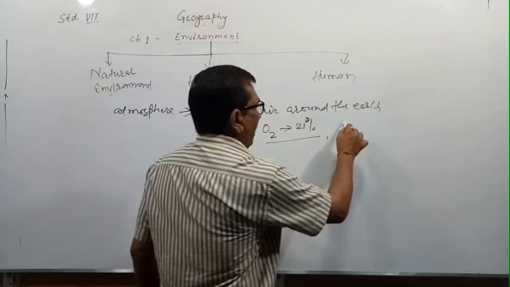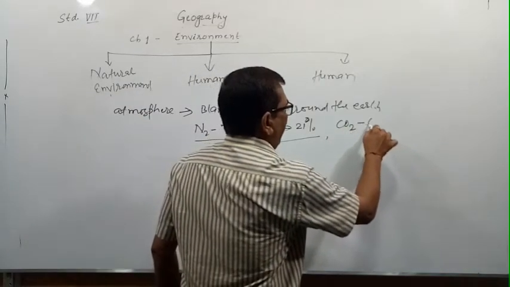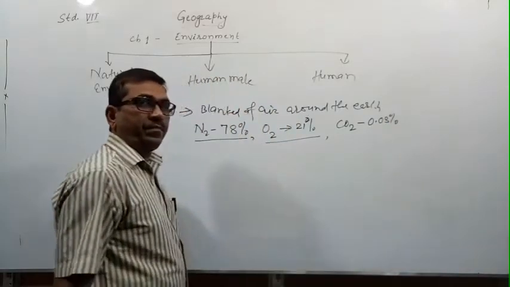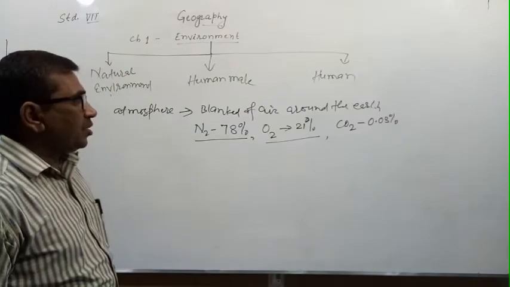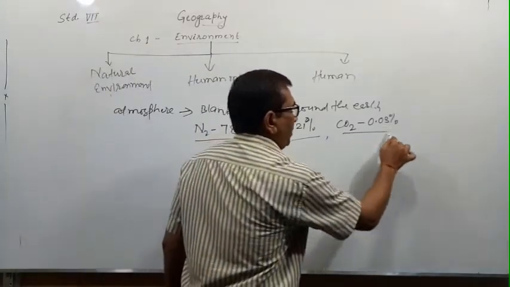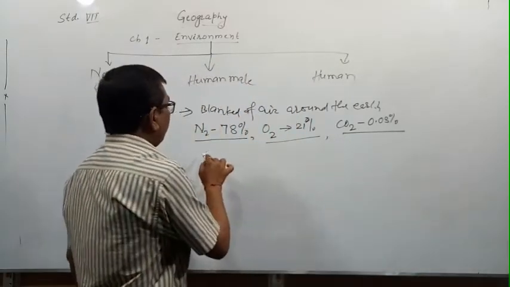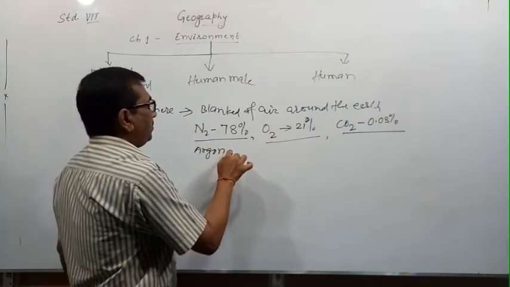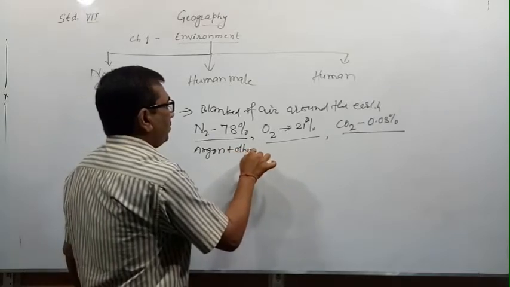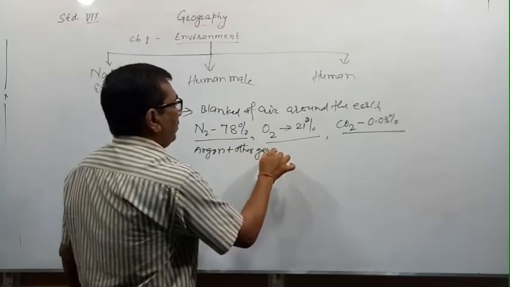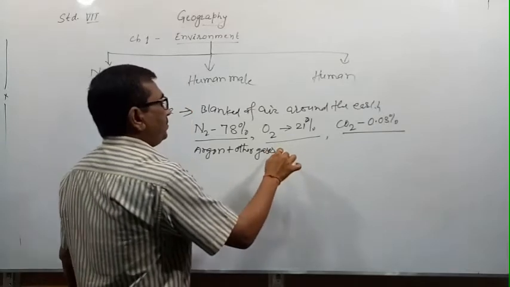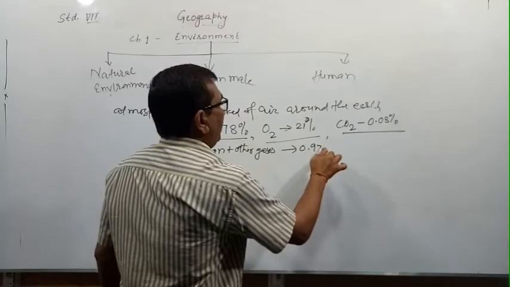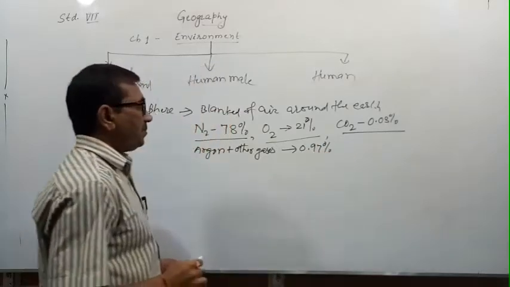And we have carbon dioxide. It is 0.03%. Then argon plus other gases constitute 0.97%.